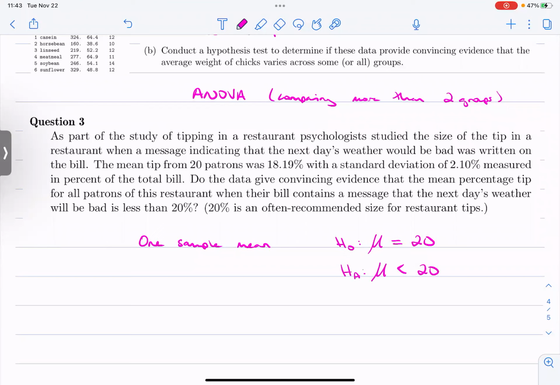I typically say that you should convert percentages to proportions, and you absolutely can. You'll find the same results. But then I felt like that got a little confusing because it's not a proportion question. So that's why I'm keeping just the 20, and you can keep the 18.19 and 2.10.